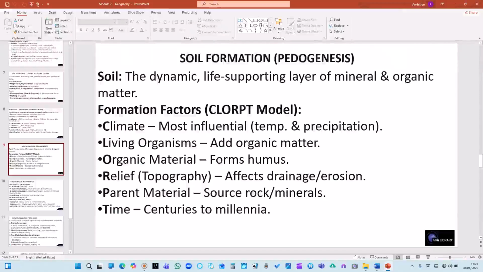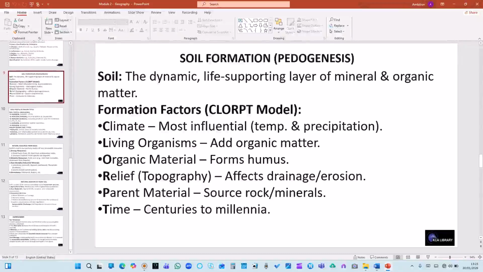Then number four factor is relief, that is topography, which affects drainage and erosion. Then number five is parent material, like source rock and materials. Then number six factor is time, which is the passage of time, from centuries to millennia. So these are the factors that contribute to soil formation.